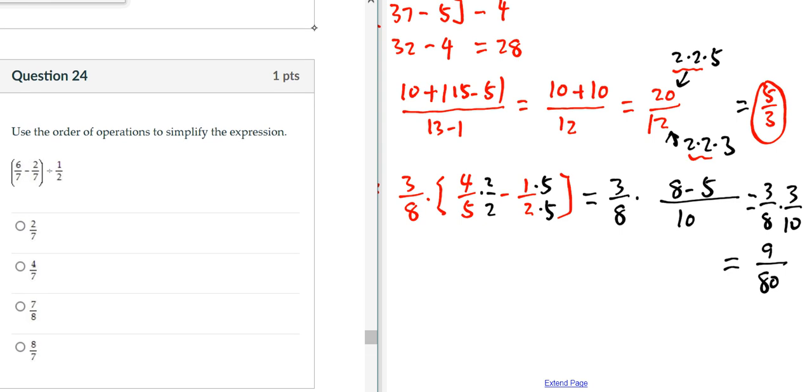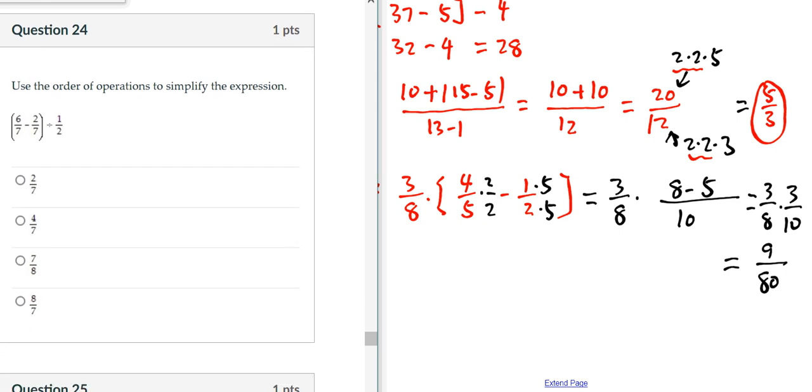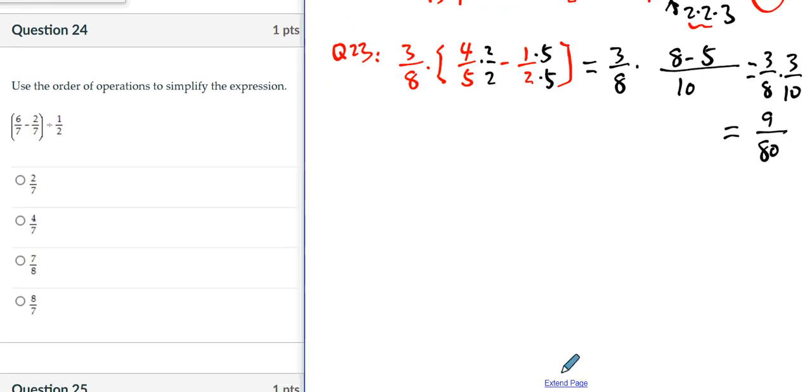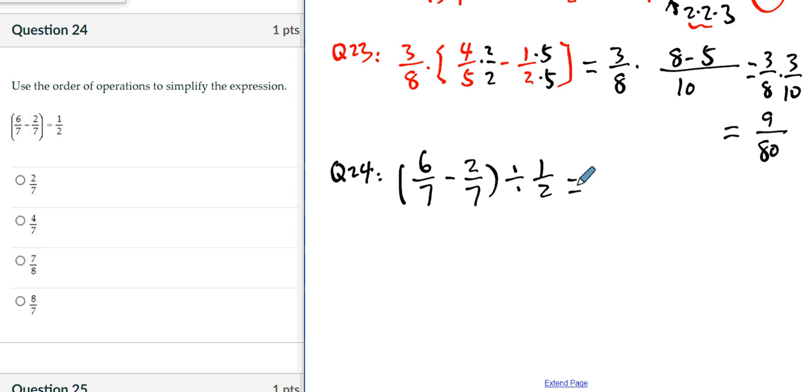Yeah, keep going. Now, order of operations. 24. What we need to do is 6 over 7, subtract 2 over 7. That's good. Denominators are the same. Divided by 1/2. Denominators are the same. You only do the subtraction on numerator.